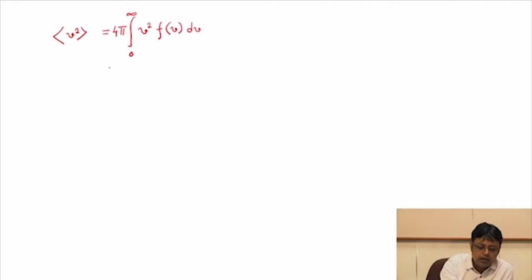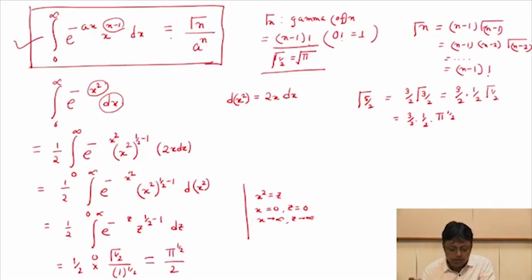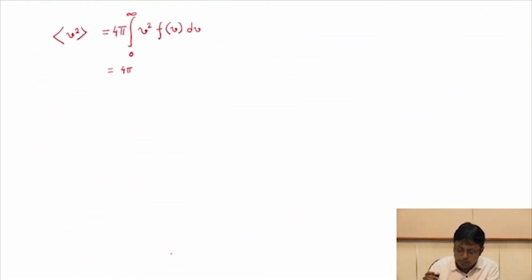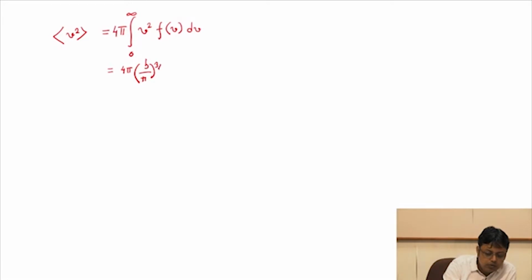So what I get here, let us just evaluate it. I have 4 pi, and then f of v, for which we got an interesting relation, which is basically b by pi to the power 3 by 2, e to the power minus b v square, times v square dv, that integral.